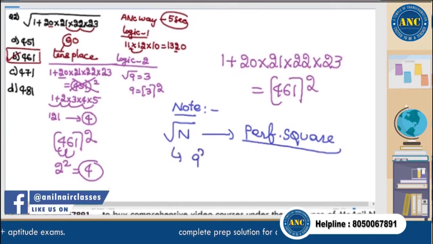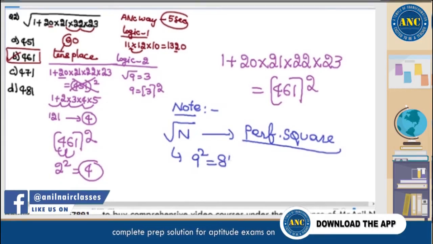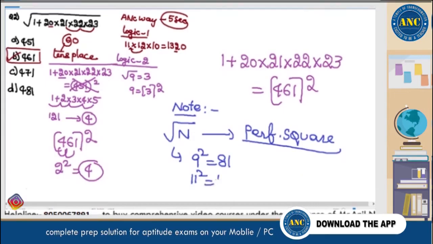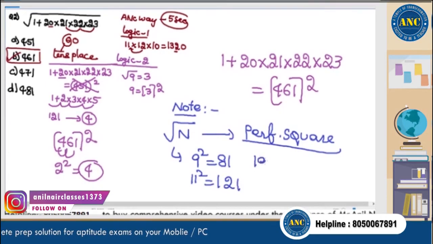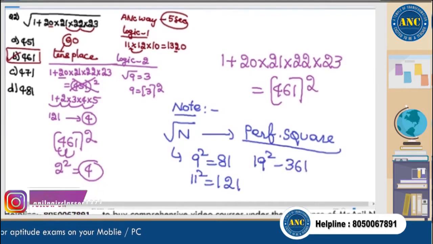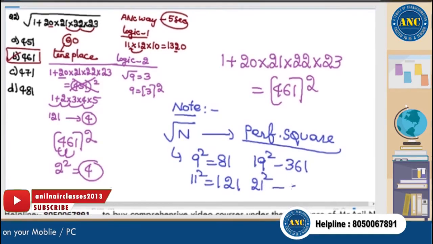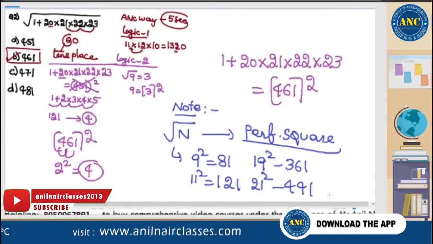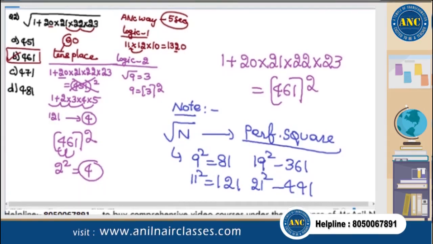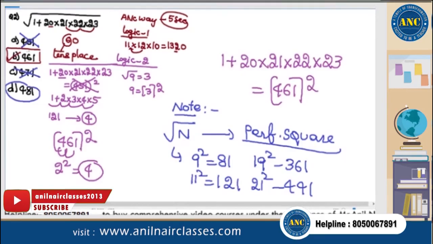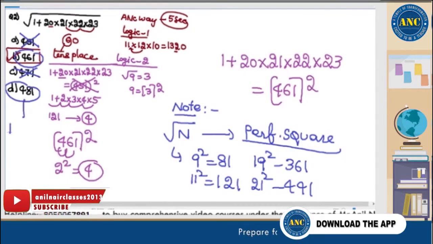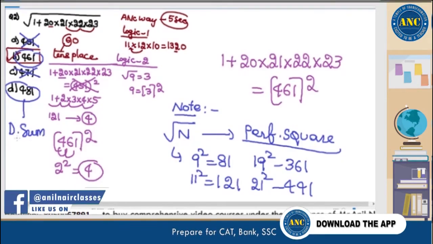Any perfect square ending with 1: 9 square 81, 11 square 121, 19 square 361, 21 square 441, 29 square 841. Any perfect square ending with 1, the tens place has to be even. So this option is out and this is out. Two options remain, check by using digital sum.